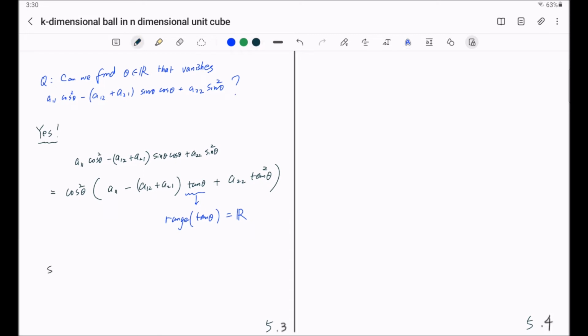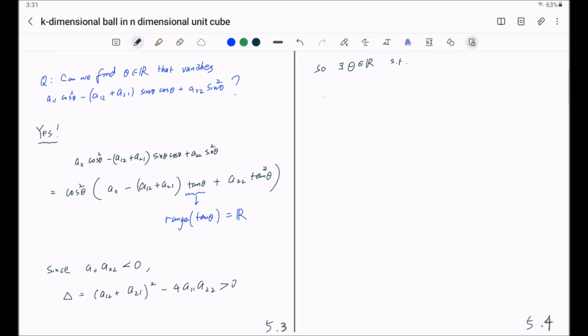Now, since we have assumed that a11 and a22 have opposite signs, the product is negative, we know the discriminant is a positive number. So there exists a theta such that this expression is 0.